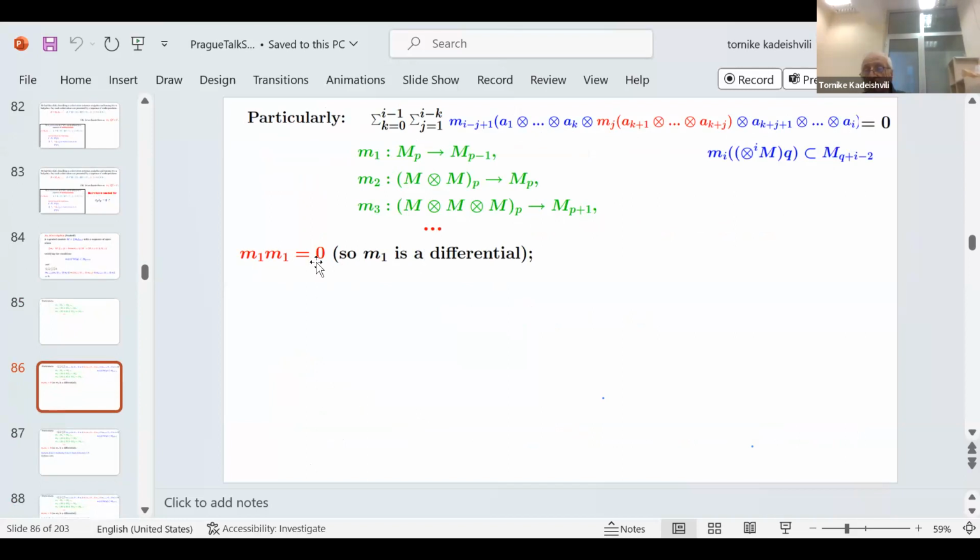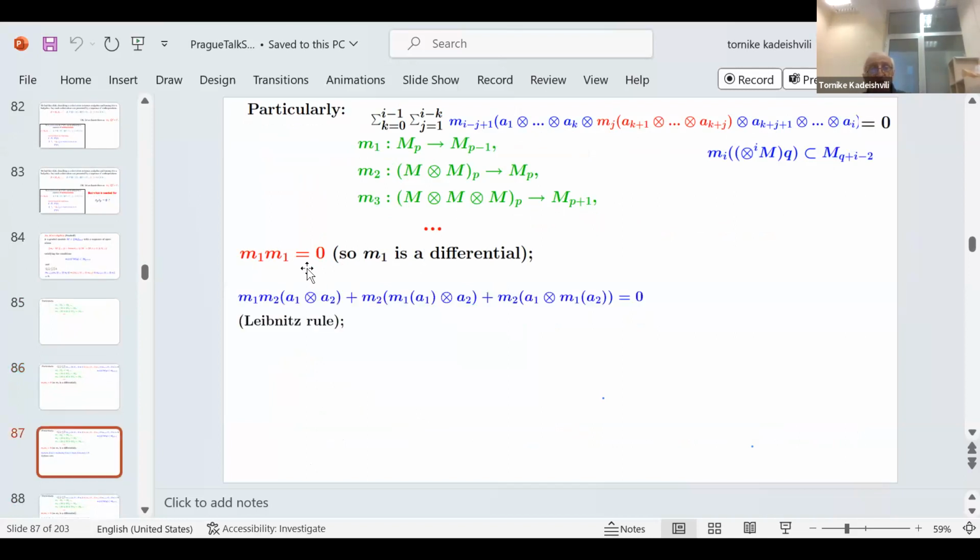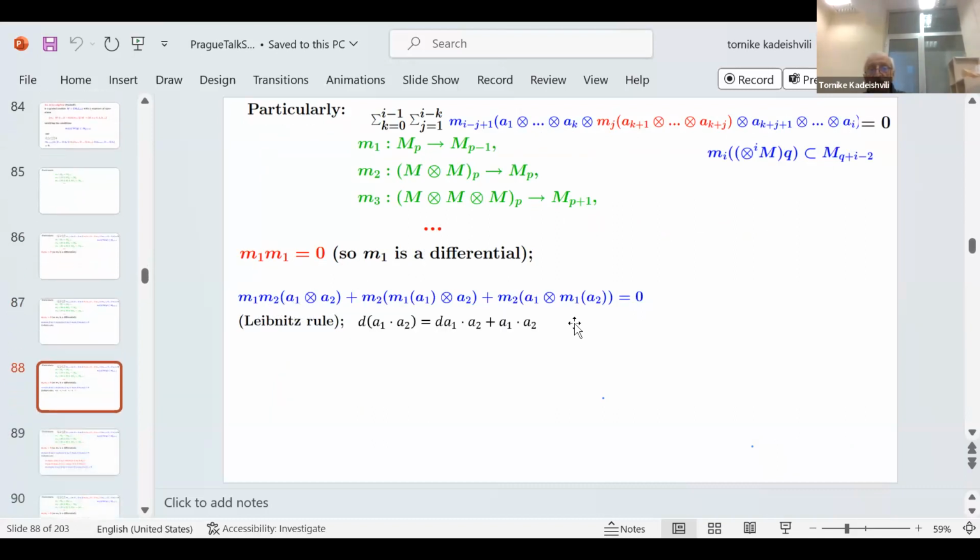Oh, M1 is a differential. The next condition is M1 M2, M2 M1, M2 M1. But it is the same as the differential of a product, D, D_A, D_A2, and A2, D.